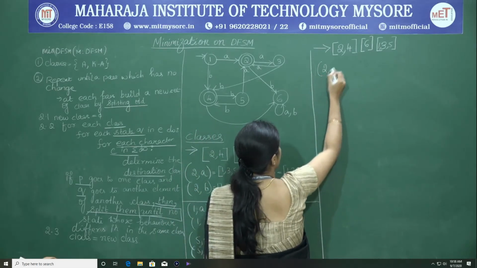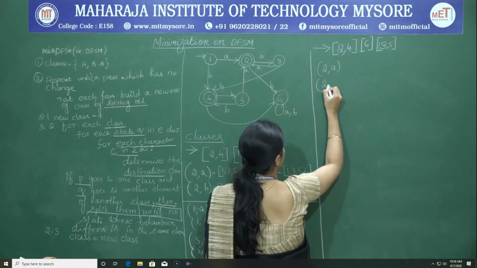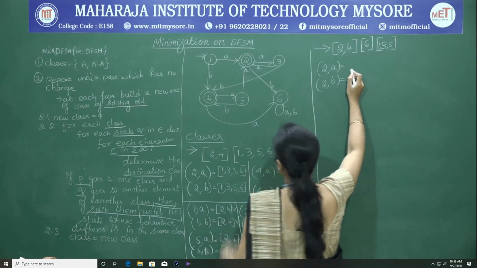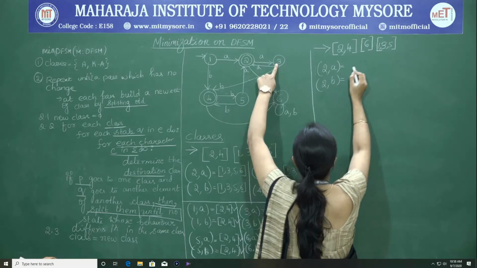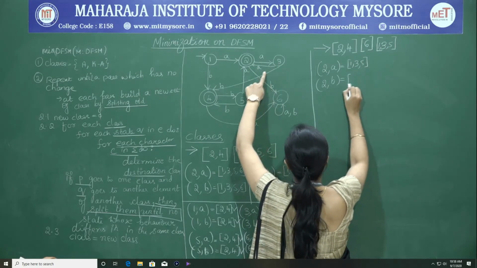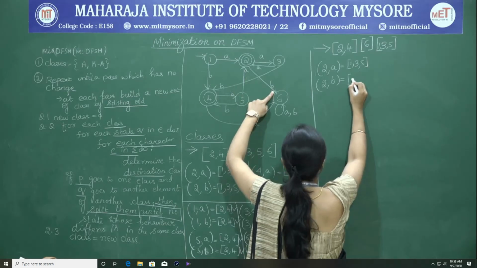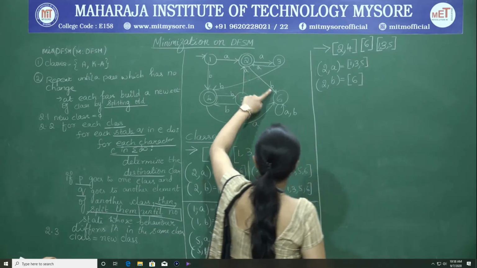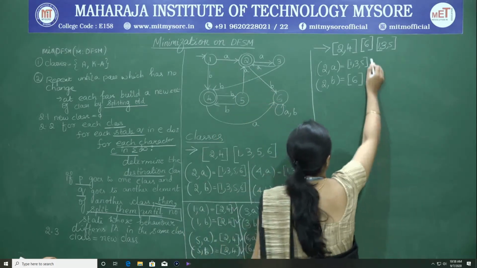So 2, A, 2, B. So 2 on A is going to 3, so the class is 1, 3, 5. Next is 2, B is going to 6, so the class is 6.